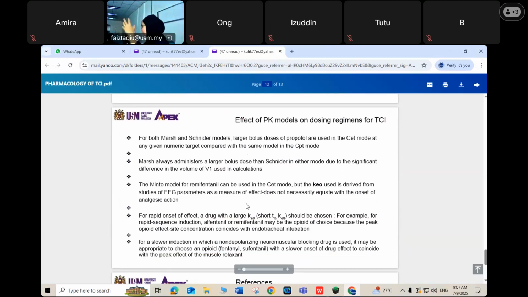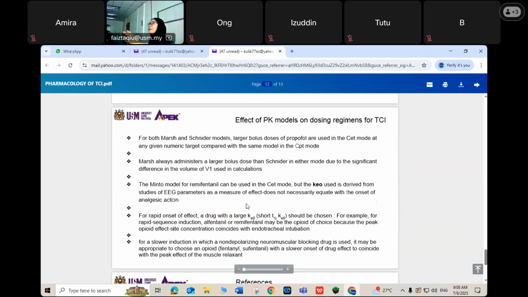Sebab the KEO yang dikalkulate tu macam propofol, dia guna EEG model, which is tak berapa tepat lah kan? How you use EEG to measure pain? Betul tak? Kan? So, that's why sometimes kita perasan tak, remifentanil kita pakai tu sebenarnya it's higher dose, it's higher than the dose required for the analgesia.